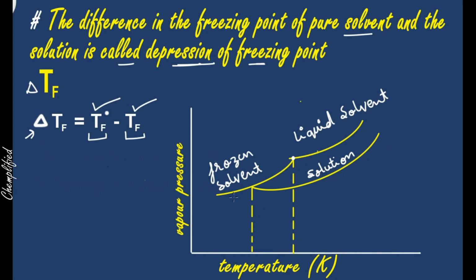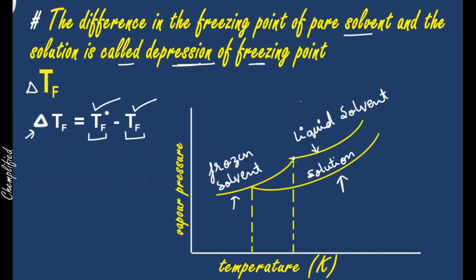Now look at the graph. This particular curve shows the graph for frozen solvent. Vapor pressure is increasing, right? And this is the graph for liquid solvent. Now look at the graph for solution. If you have watched the previous video, you know that this graph is similar to the previous one, elevation in boiling point.